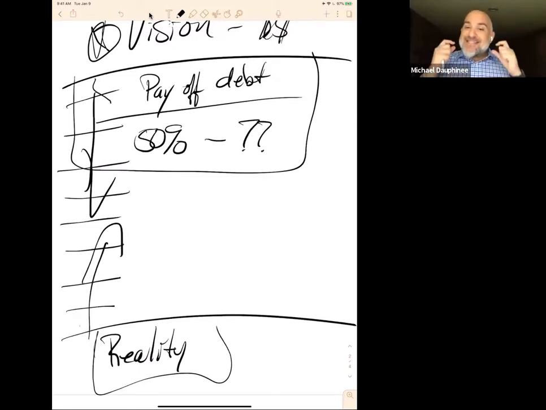So I had very specific signs, much like how much debt I will have paid off. See, this is why reality is important, because the vision has to be specific, but that means it's specific in relationship to reality. So go for specificity, because this is where the devil lives, in the vagueness.